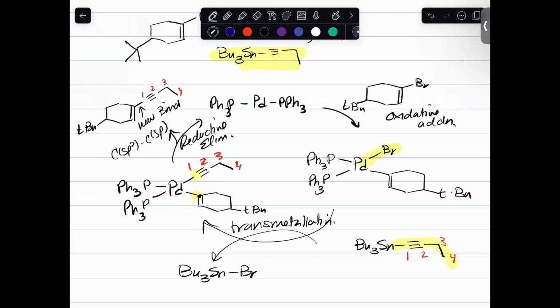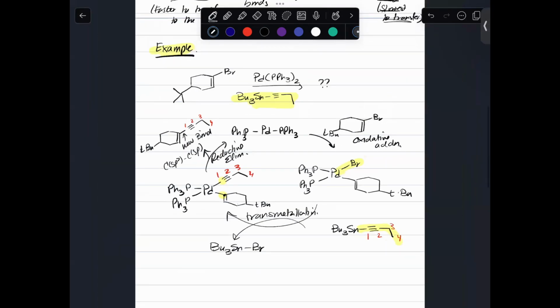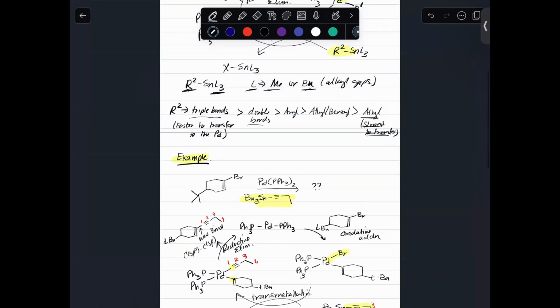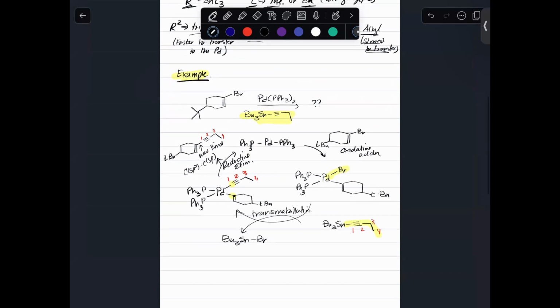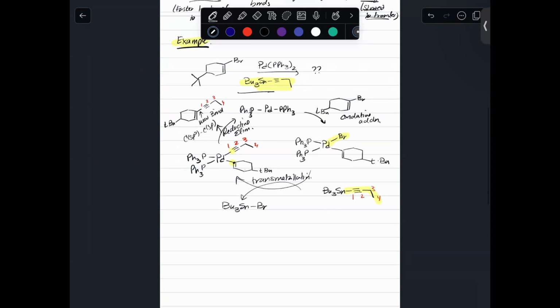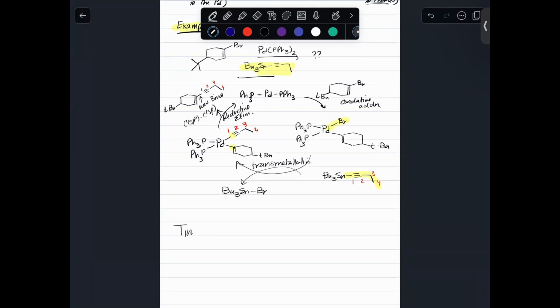The problem with the Stille reaction, and the reason why I'm not staying on this reaction so long is, one, the mechanism looks really similar to the Suzuki. It's a lot easier than the Suzuki. But the problem with this reaction is that you're using tin, and tin is toxic.